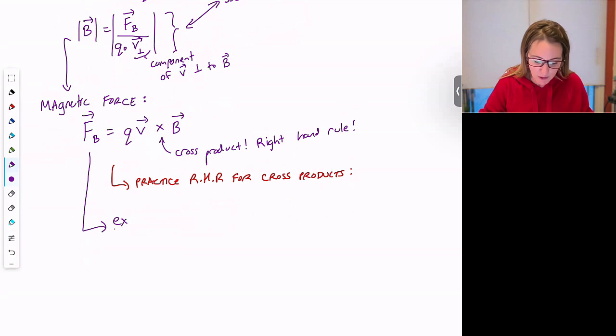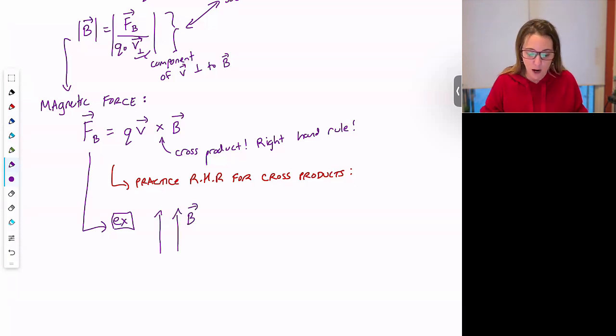So let's do a couple examples with this one. If I say here, for example, let's say that I have B is straight up, so let's say I have a magnetic field that is pointed towards the top of the page, and then let me put a positive charge in this field and have it move to the right.